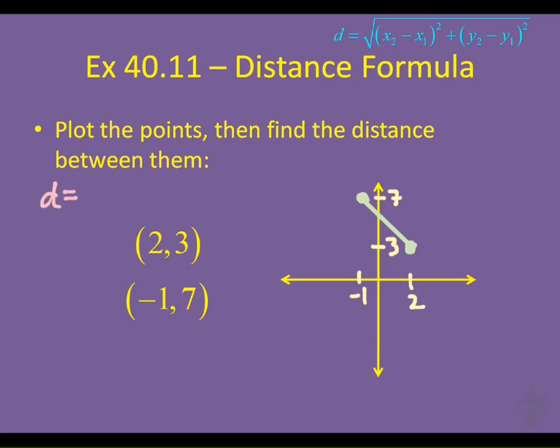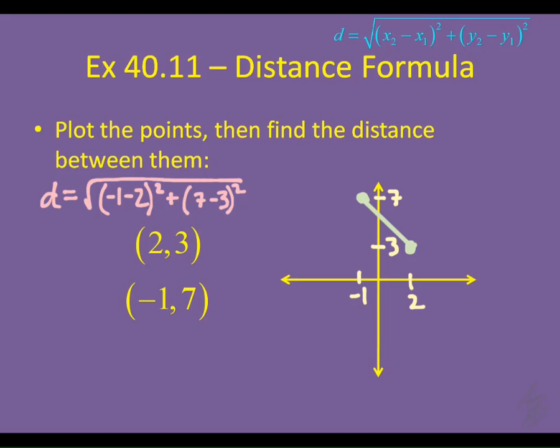D equals 7. I mean, it's negative 1. Yep, you're right. Oh, yeah, I'm sorry. Negative 1 minus 2 and squared plus 7 minus 3 squared.